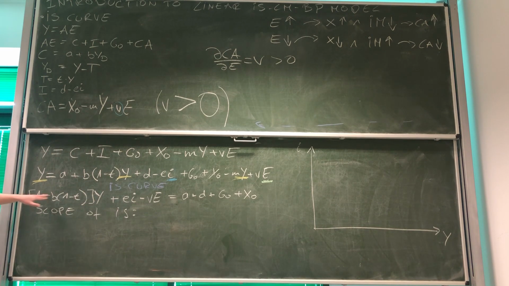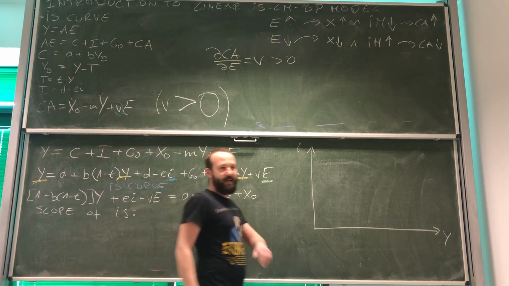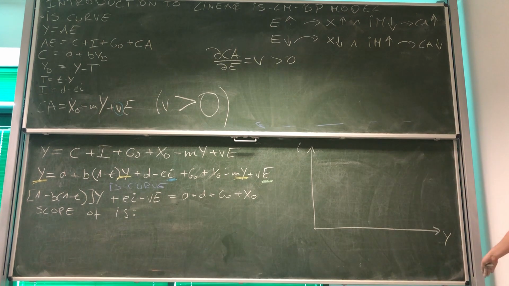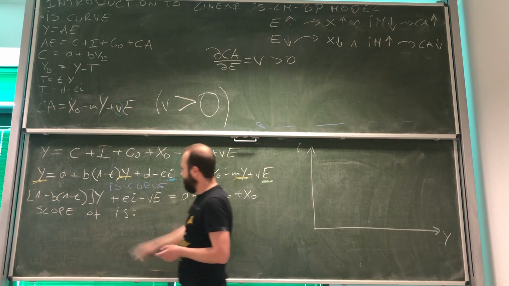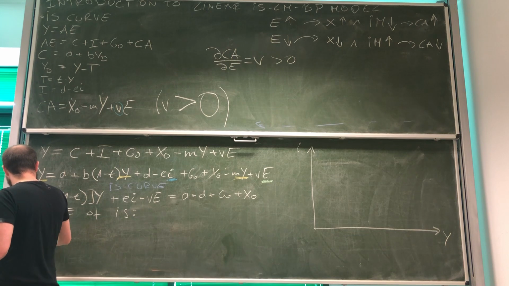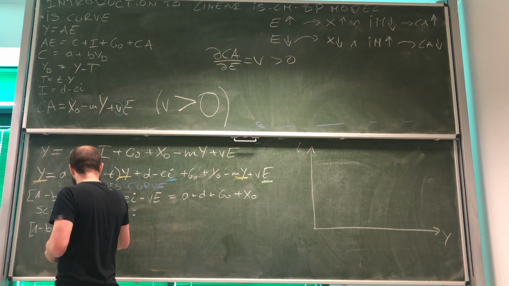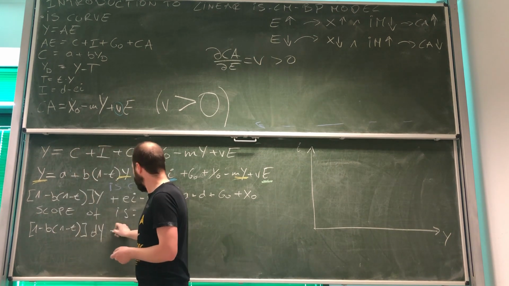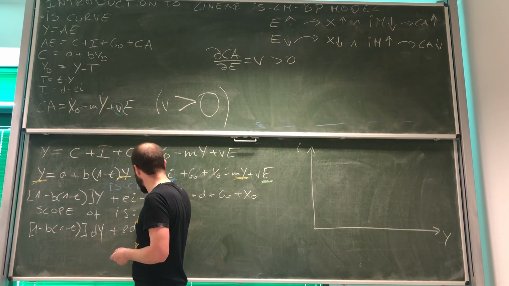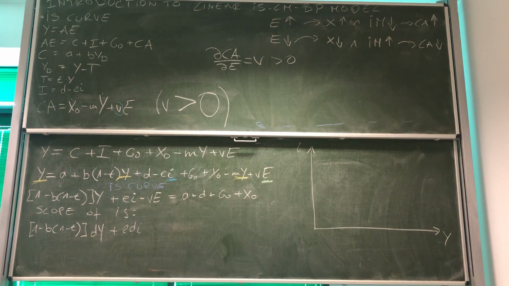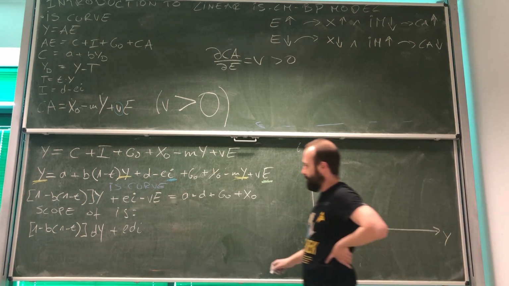So I differentiate this expression with respect to Y and I, because those are the two variables present here. Okay, and look, what am I getting? I'm getting 1 minus b times 1 minus t dY plus e times di. And look, everything else over here doesn't have either I or Y, so it's equal to 0.